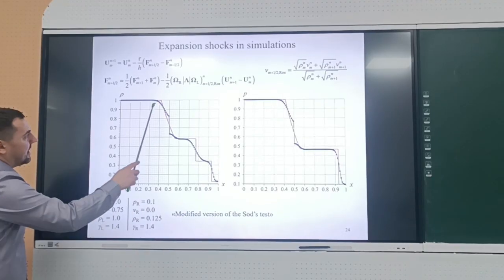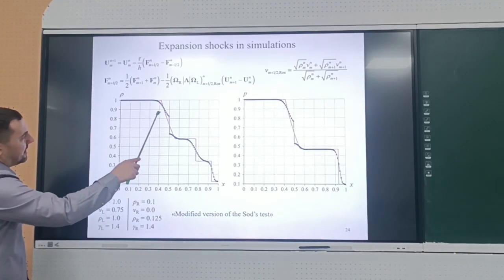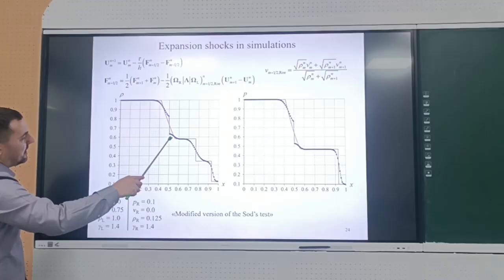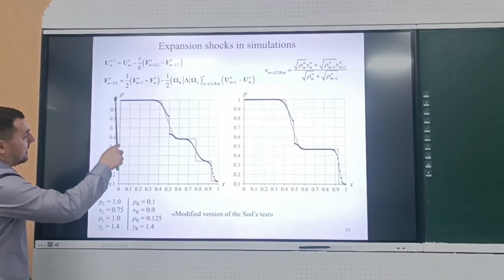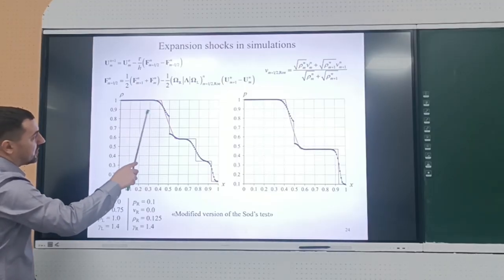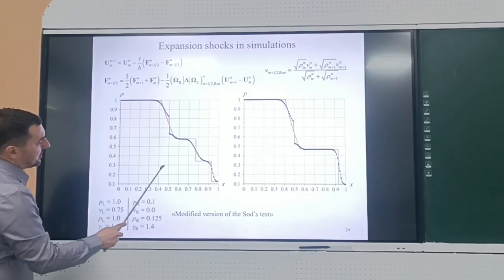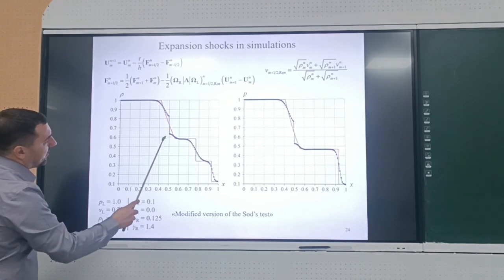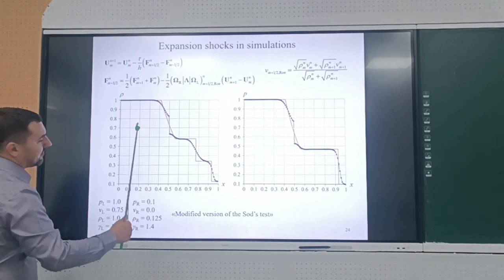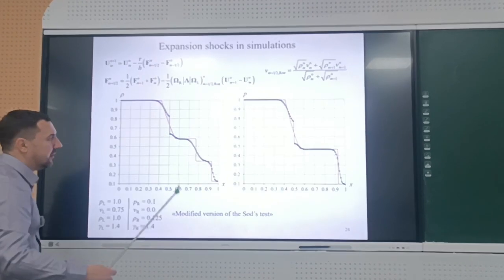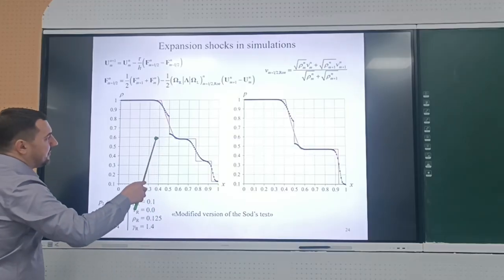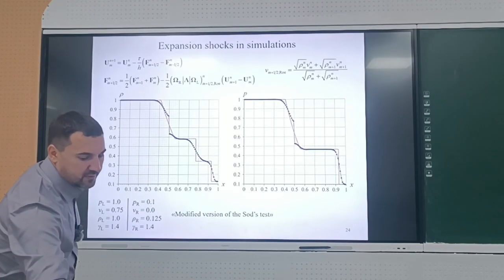It means that inside this expansion wave, the density or pressure should change continuously. But this point corresponds to the initial location of the discontinuity, and we can see the parameters change sharply, so abruptly. This structure is called an expansion shock.